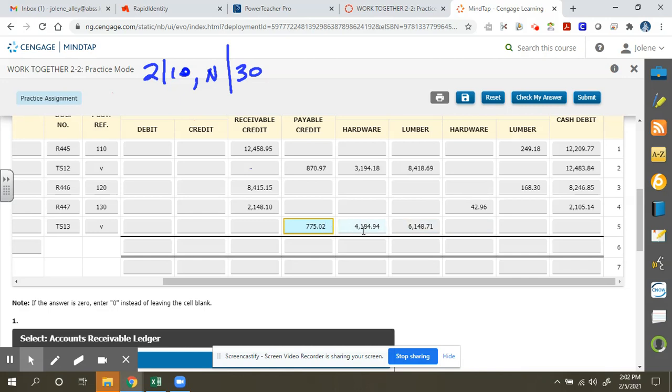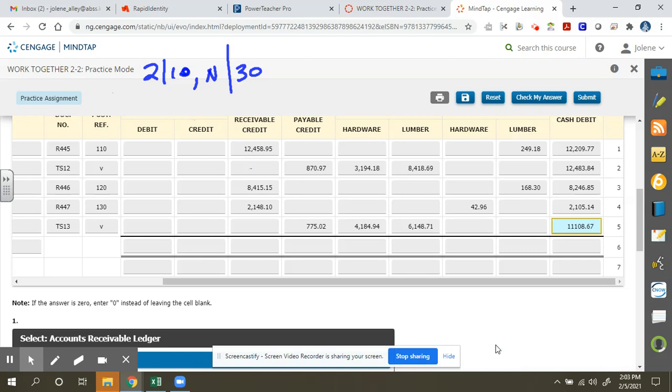Now, I got to add all three of these together to find out how much is being deposited into the bank. Okay. I'm going to do it one more time. $11,108.67. All right, that takes care of that one.